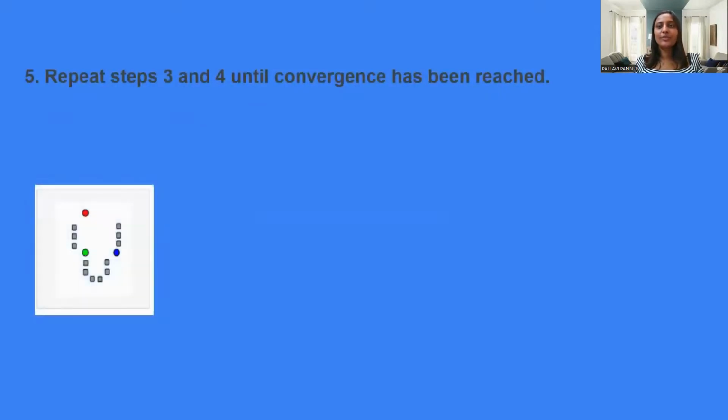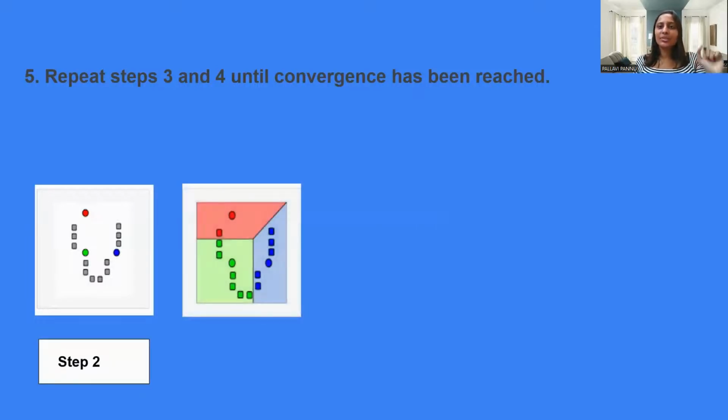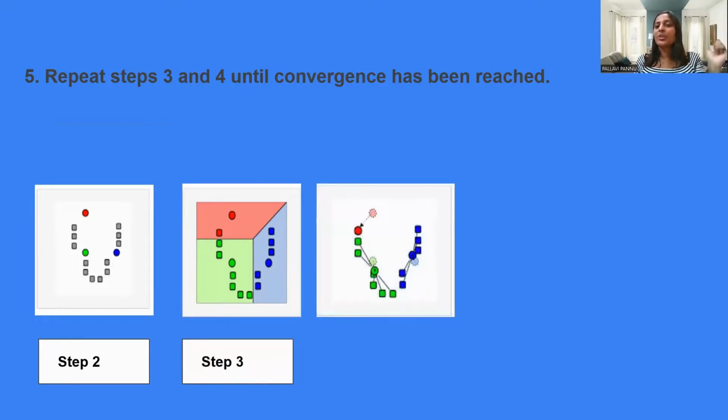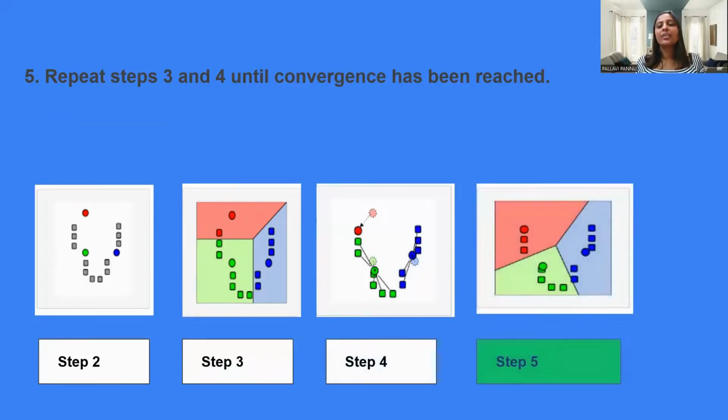First, I selected 3 random data points as my cluster centers. Next, I computed the distance of every data point to these cluster centroids, and whichever distance was minimum, that data point belonged to that cluster. Because new observations came into those clusters, the cluster centers will change. So you have to repeat these steps until convergence has been reached.